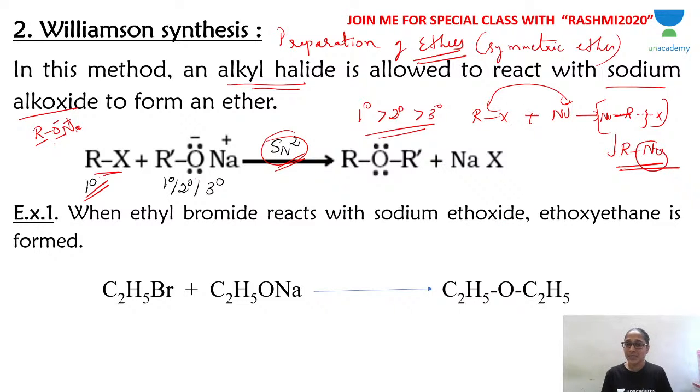Now the Nu, the nucleophile here, is alkoxide ion. Since this is the nucleophile, it takes up the alkyl group of the alkyl halide, and the halide comes out. So sodium and halide ion will form NaX. So the alkyl group of the alkyl halide and alkoxide ion will join to give you ether.